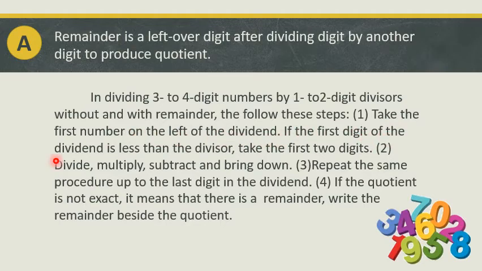If the first digit of the dividend is less than the divisor, take the first two digits. Second, divide, multiply, subtract, and bring down. So, natatandaan nyo, daddy, mommy, sister, and brother. Repeat the same procedure up to the last digit in the dividend. And last, if the quotient is not exact, it means that there is a remainder. Write the remainder beside the quotient.